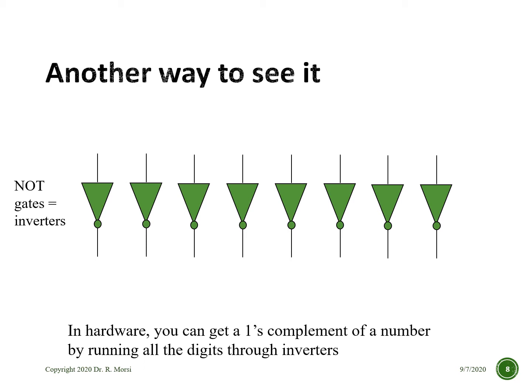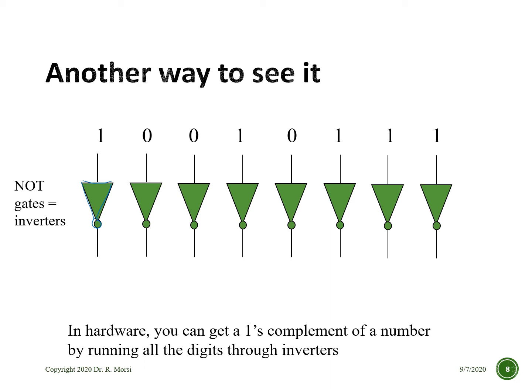If you see a bubble on its own on a line in any circuit, it represents an inversion. But when you see a triangle with a bubble, that's an inverter gate.